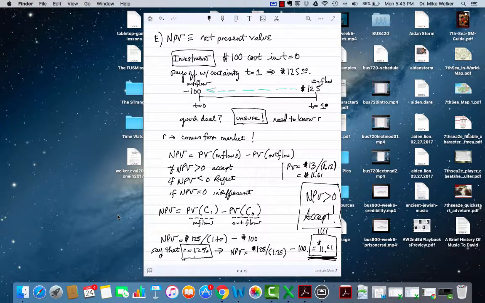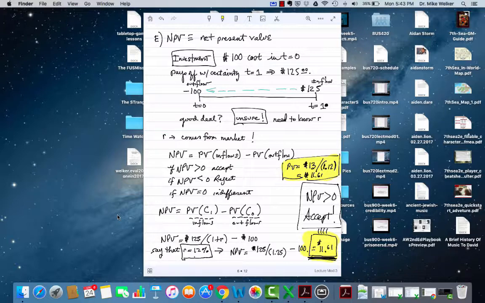So you can find the present value of the difference. And you see that the formula, either way I do this, creates the same answer. And of course, in both cases, because it's a positive net present value, I like this investment.